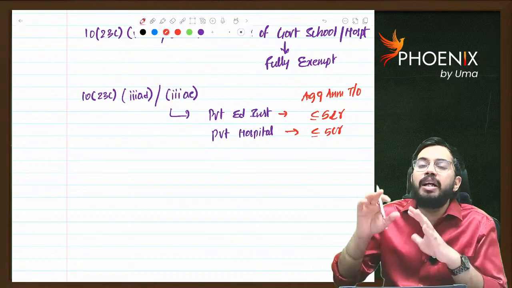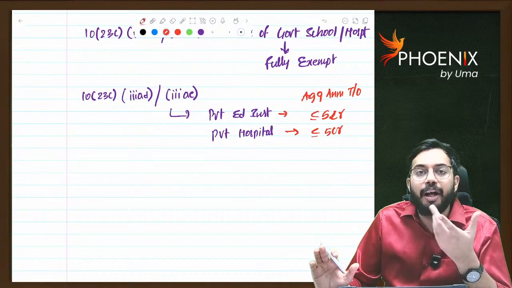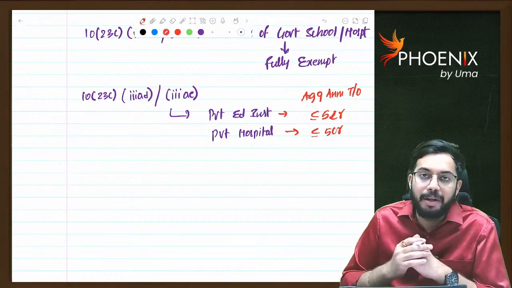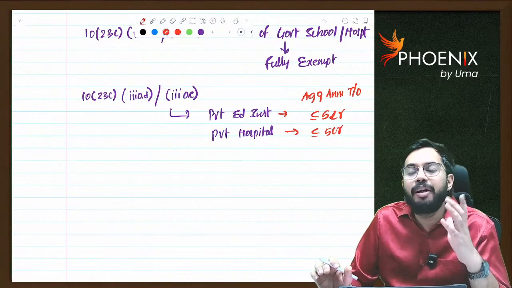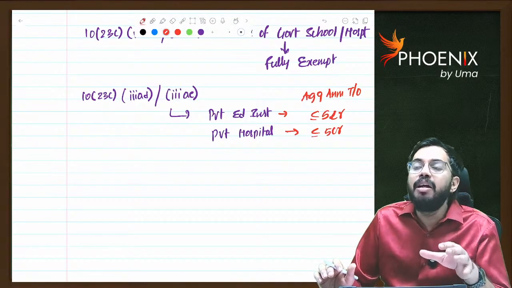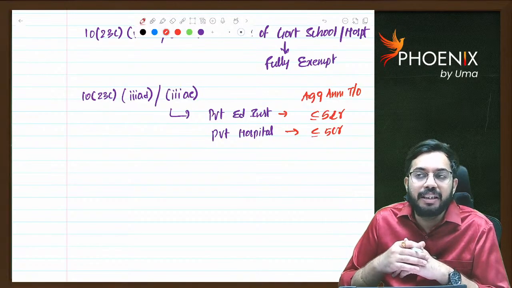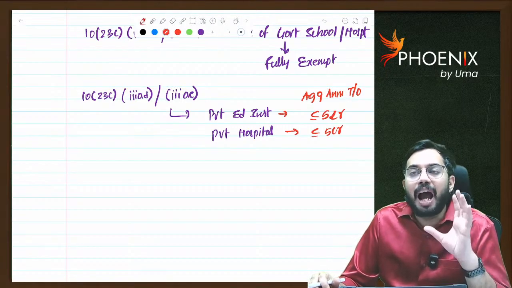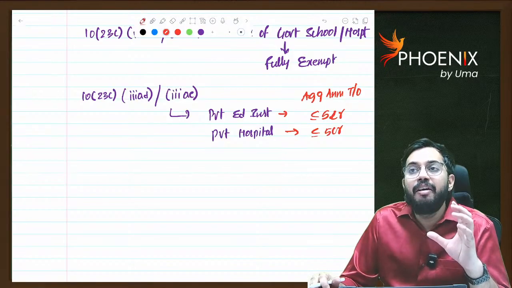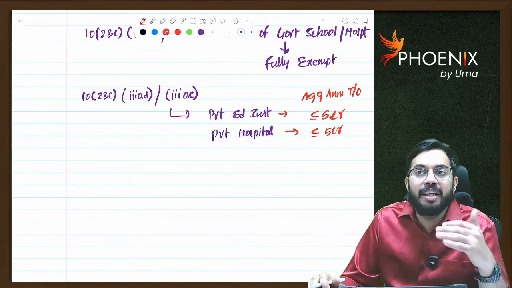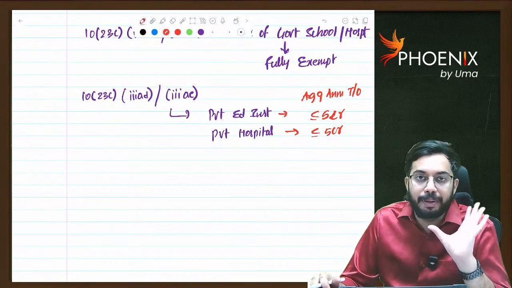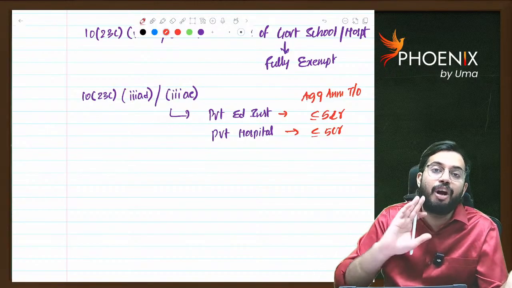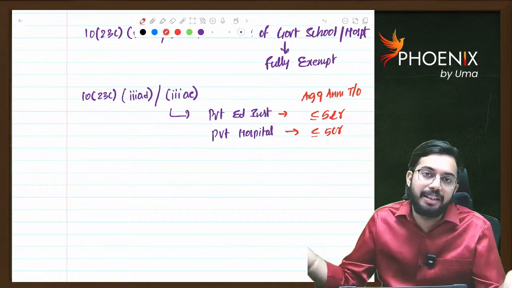Let's say I started one small school for the purpose of education. My trust is not a government trust, it is a private trust formed for educational purposes. But whatever fees I collect from students is less than 5 crores. So if any trust, educational institution or hospital, has aggregate annual turnover less than or equal to 5 crores, then whatever total income it receives is not at all taxable, it is fully exempt.